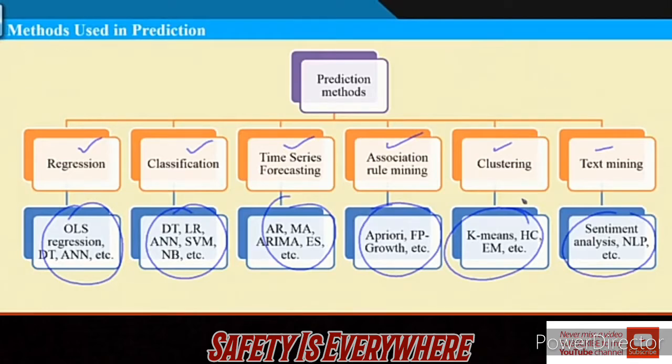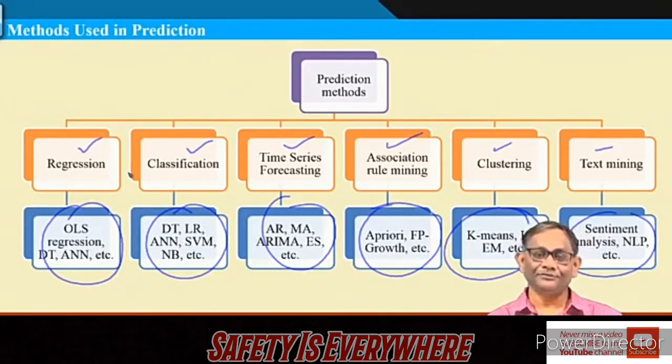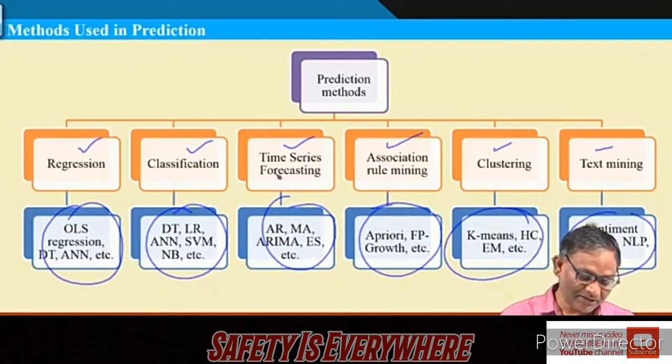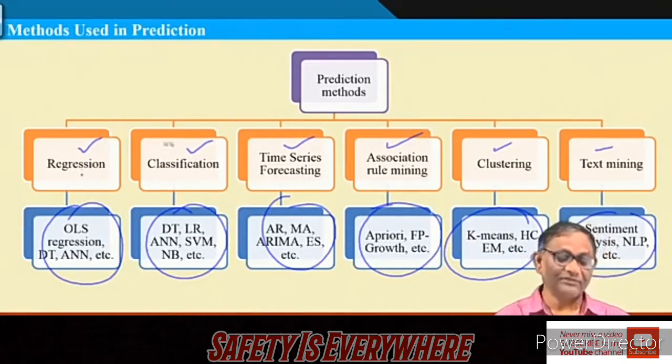We will not be able to complete all those things. The purpose of prediction is given to you, but any one class of techniques will be useful here. So, today I will discuss regression, and then we will also discuss classification.